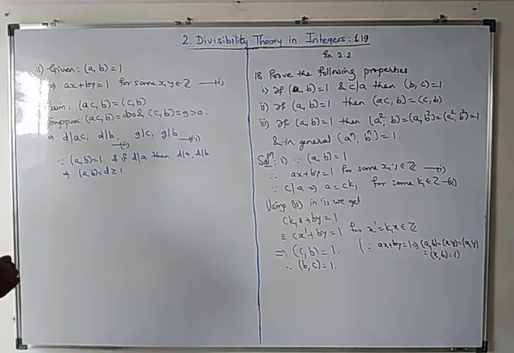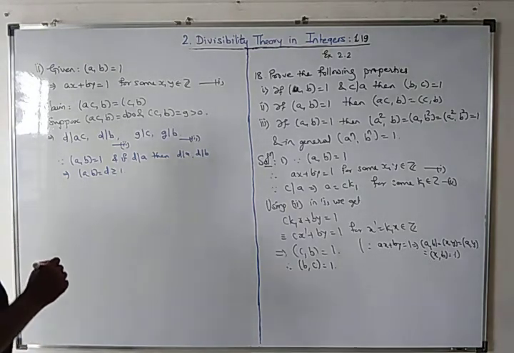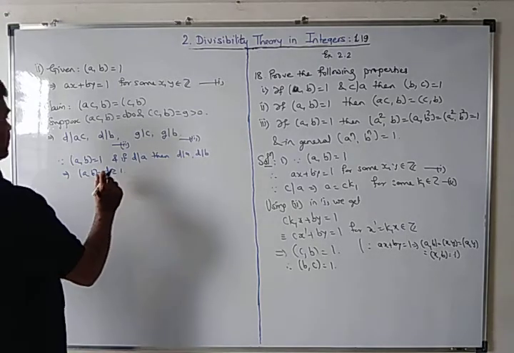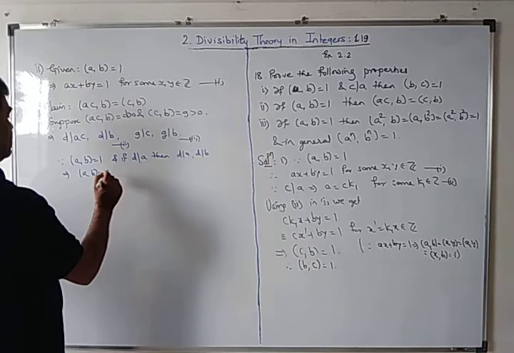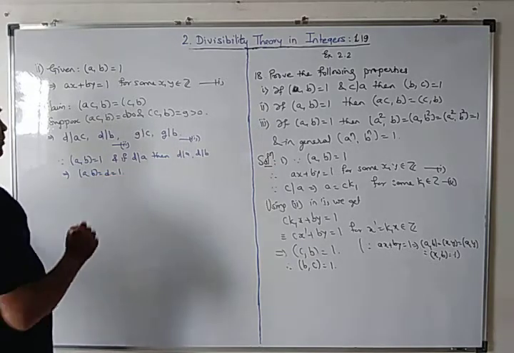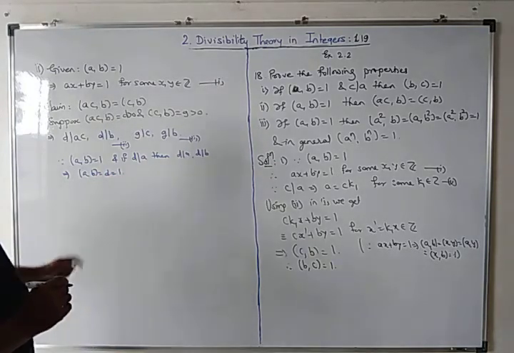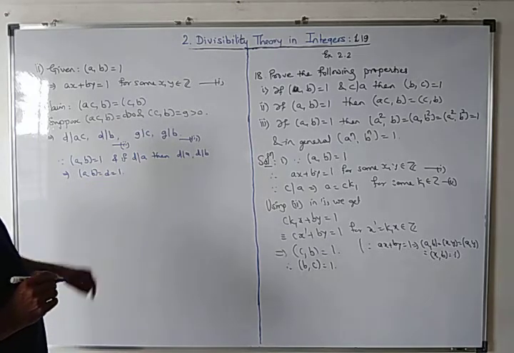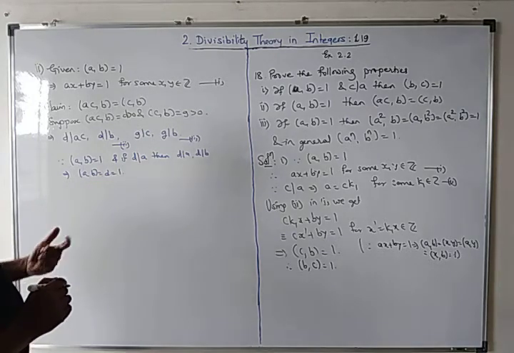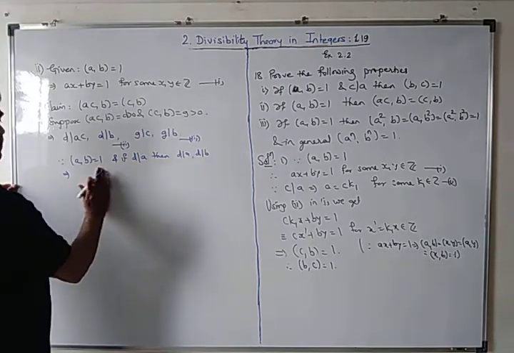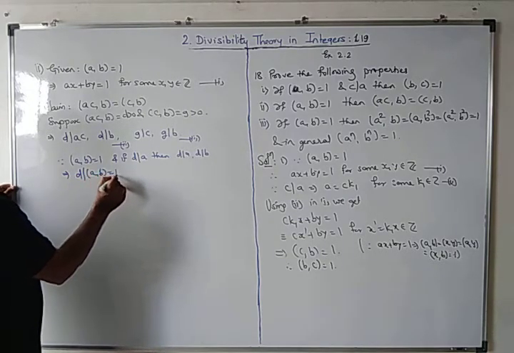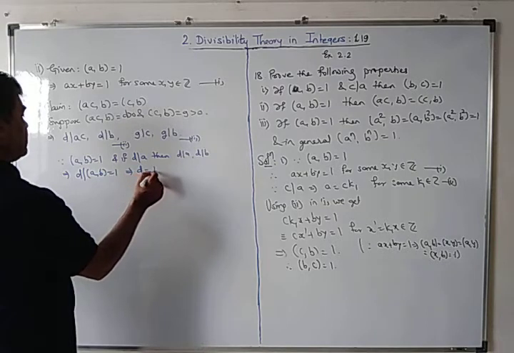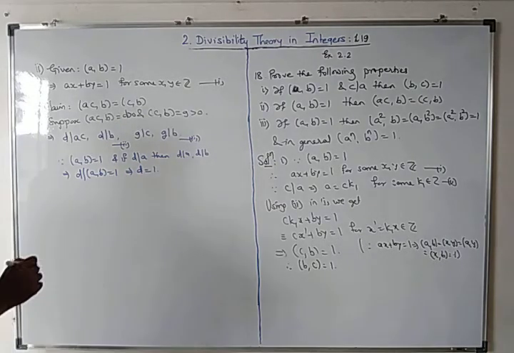Is it clear? We are getting this. D is equal to 1. D is dividing it, means D divides GCD. D divides GCD A, B equal to 1, implies D must be 1.